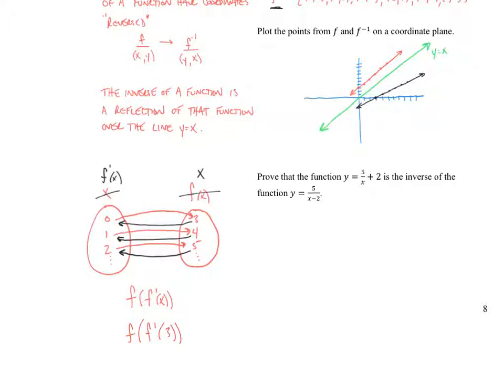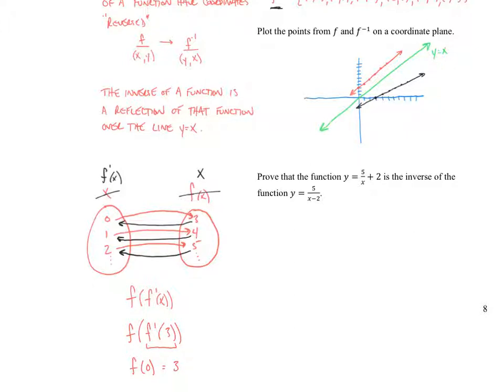Okay, well, I would start with the innermost function here. What is f inverse of 3? Well, I could look at my map, I could look at my points, whatever I want to do. But if I plug in a 3 to my inverse function, that gives me a 0. Okay, so that's the same as having f of 0, because f inverse of 3 is 0. Well, what is f of 0? If I plug in a 0 into my f of x function, that gives me a 3. So I end up with a 3.